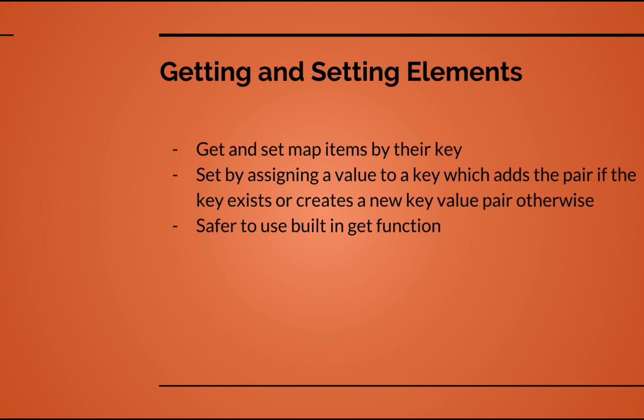If the key exists, then the dictionary will find that key, and it will just replace the value at that key with the one that we're trying to set. If that key doesn't exist, then the dictionary will create a new entry with that key and the value we're trying to assign. So this ensures that it keeps a unique list of all of the keys and that there are no duplicate keys.